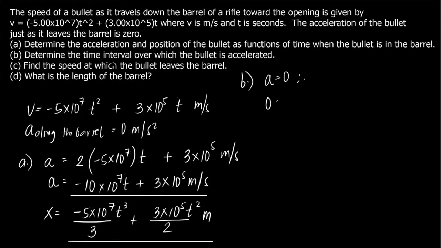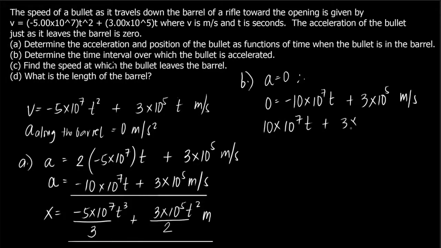Therefore, 0 equals negative 10 times 10 raised to 7 t plus 3 times 10 to the 5th meters per second. So, we transpose the negative. That becomes positive 10 times 10 raised to 7 t equals 3 times 10 raised to the 5 meters per second.